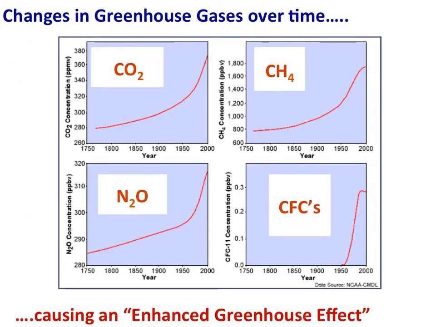Changes in the greenhouse gas concentration in the atmosphere over the last 100 years, as you can see in these slides, has resulted in what's called an enhanced greenhouse effect, resulting in a rise in the Earth's average temperature. Have you taken some notes? Name 5 greenhouse gases.